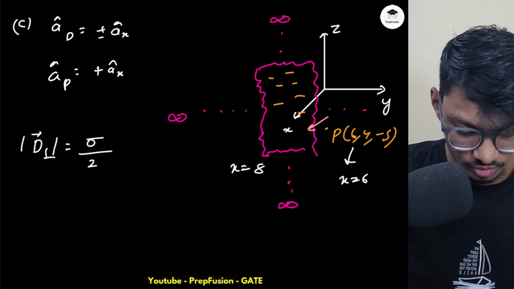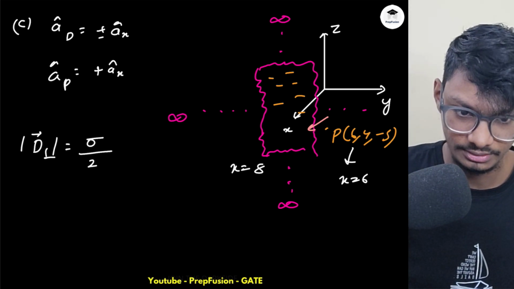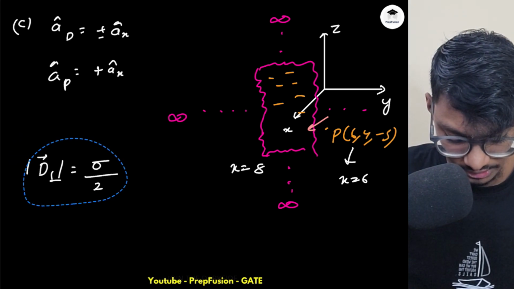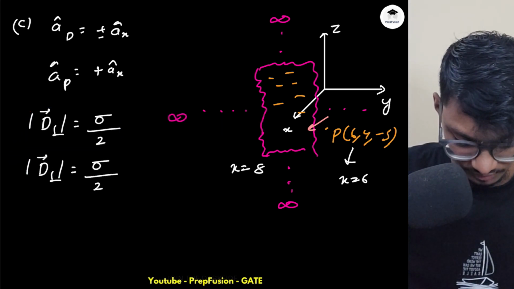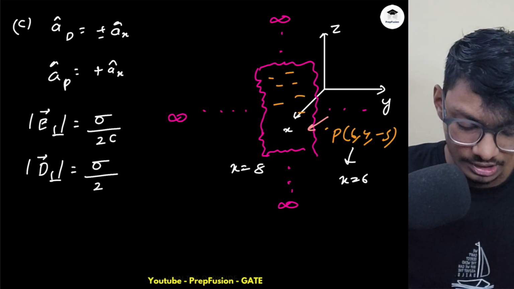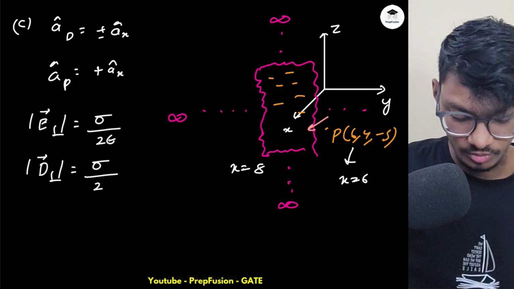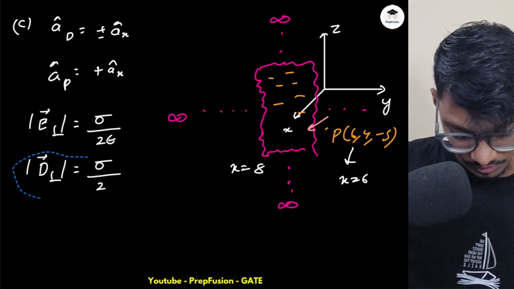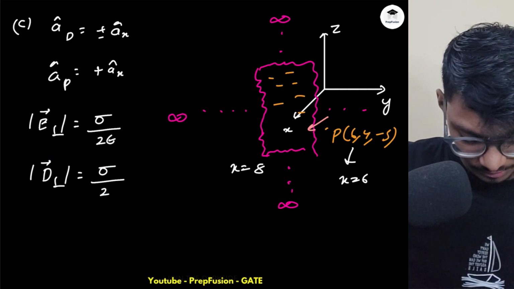So for flux density it will be simply sigma upon 2. In the previous lecture, for electric field intensity it was sigma upon 2 epsilon.